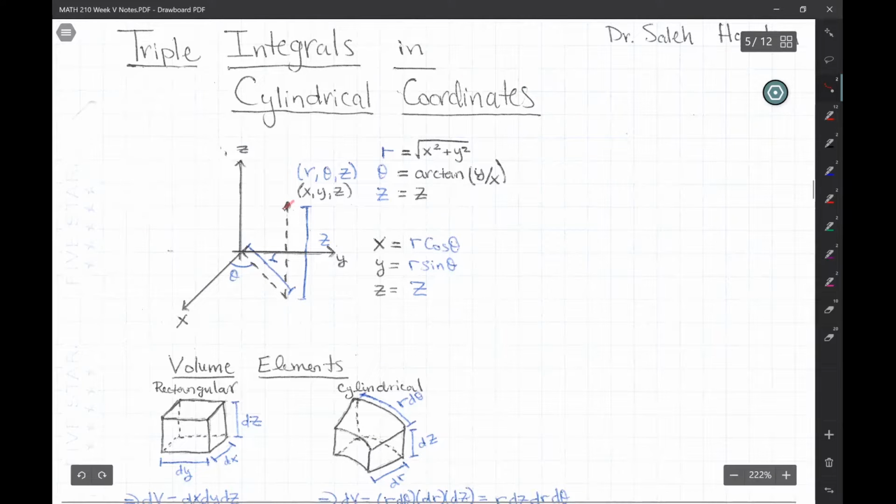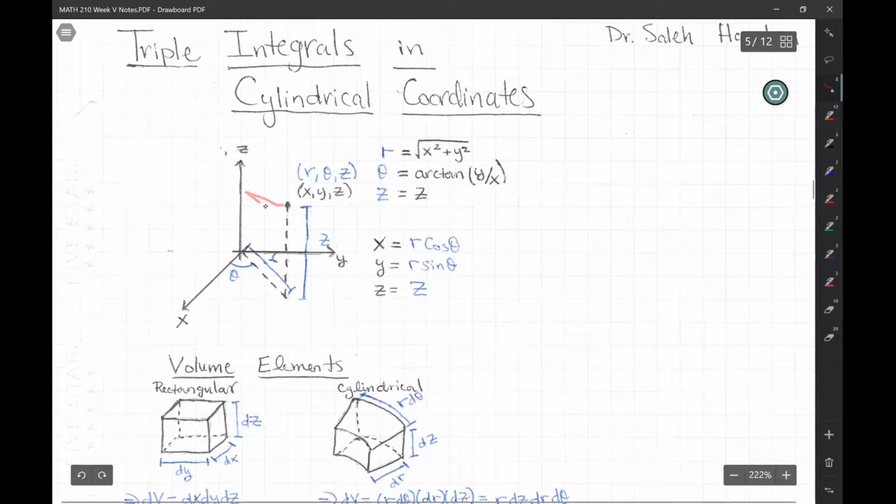You could see here we have a point in xyz in black there, and we could describe it in terms of r, theta, and z. But be careful what this r means, okay? This r is not the distance from the origin to the point. Absolutely not. It is instead the distance from the z-axis, okay?